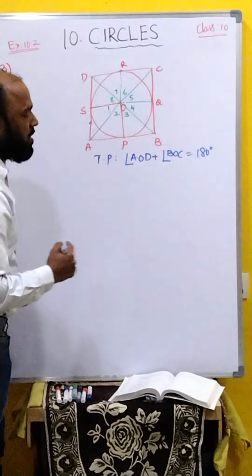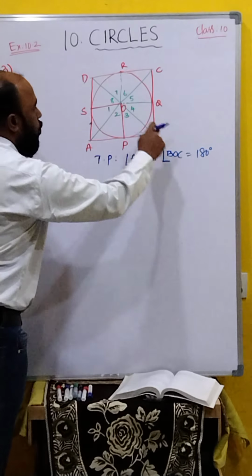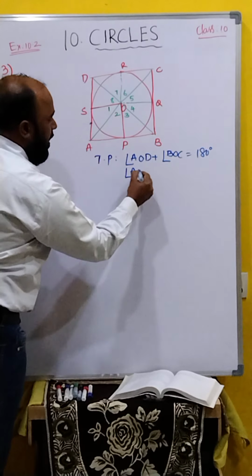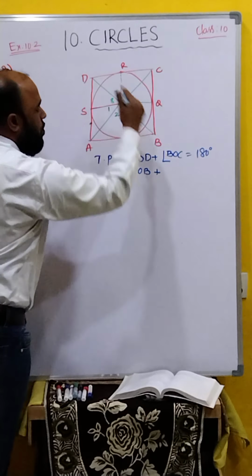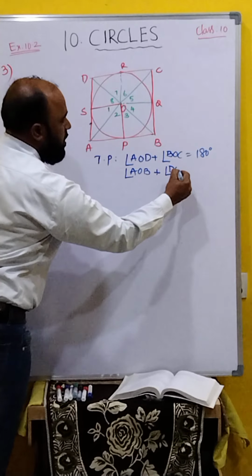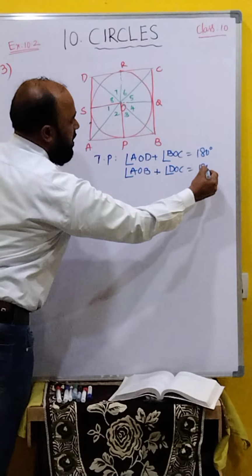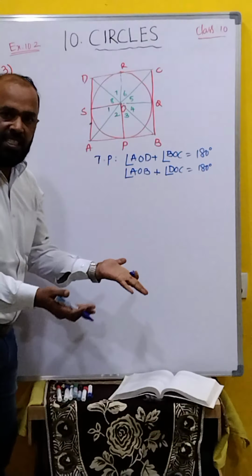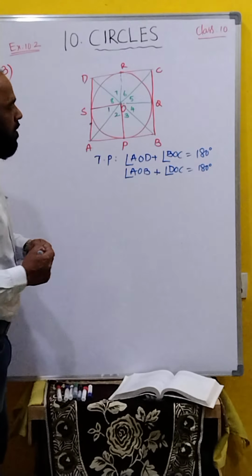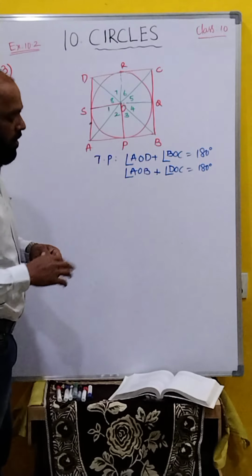That is the first one. Second one, angle AOB plus angle DOC or COD, anyone, is equal to 180 degrees. Clear, children? Just one you prove. Similarly we can write the other. First we have to prove at least one.